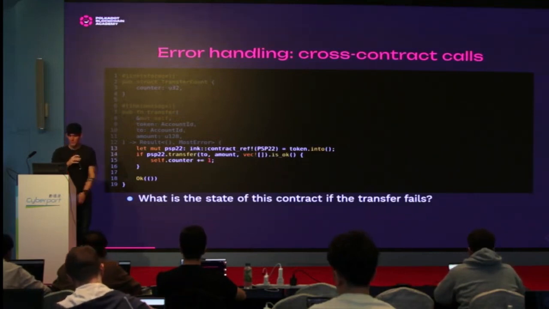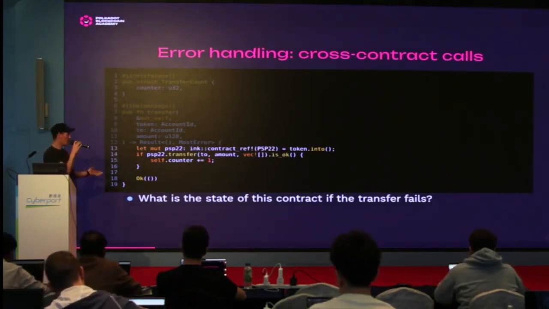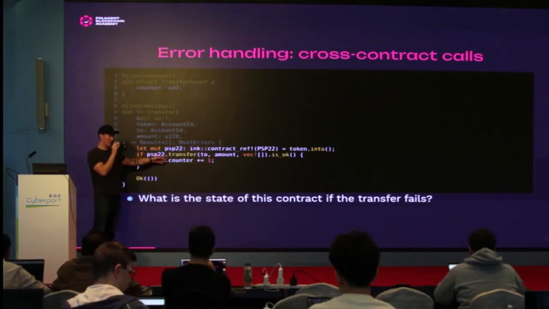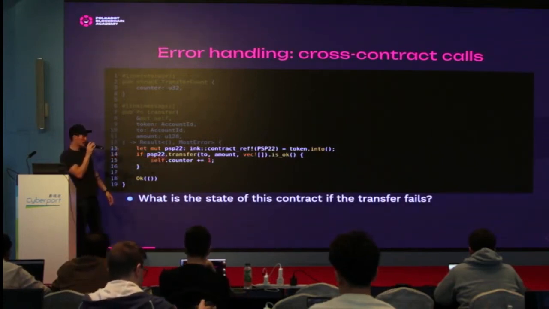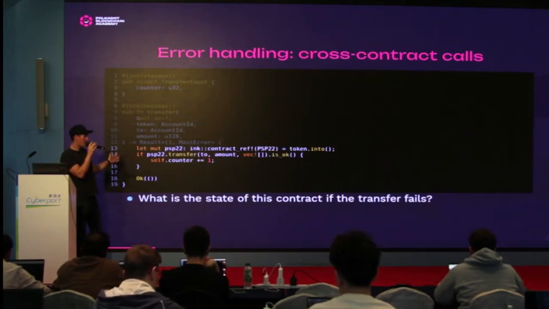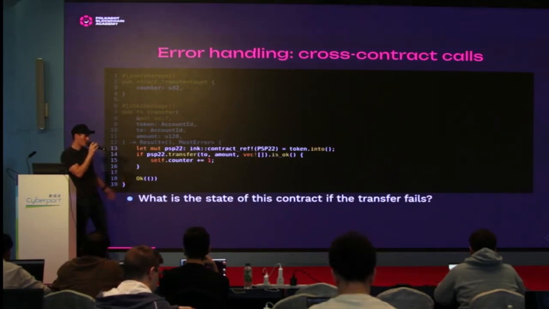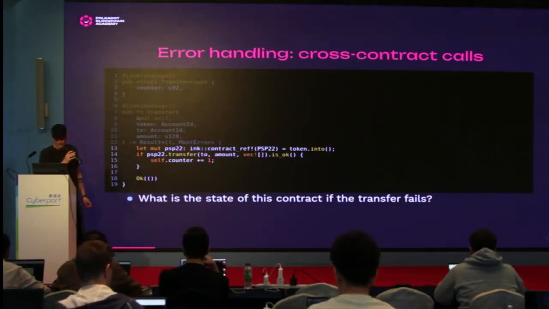This gives you options. Just because a cross-contract call failed doesn't mean you have to unwind; it's whatever you did with it. Same with arithmetic: if you have a division by zero and you handle that, it's handled, however you want to handle it. Do you unwind or do you just move on? Up to you.